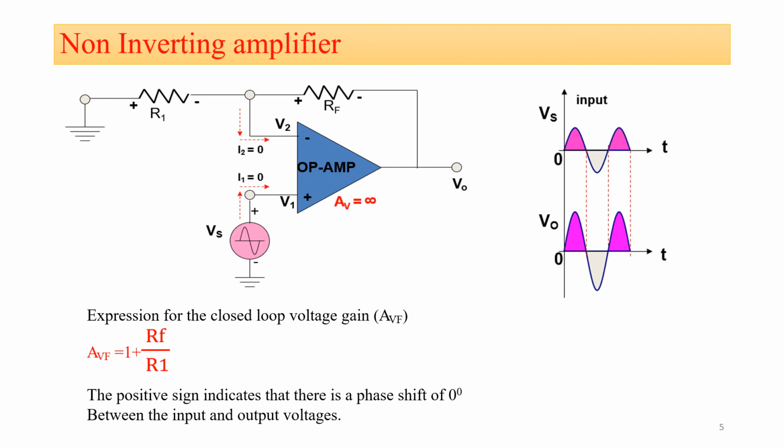While for the non-inverting amplifier, while deriving the equation of the closed loop voltage gain, that is AVF, you are going to apply the virtual short concept, because both the input terminals are at the same potential. Now this is how to use the non-inverting amplifier, or how to use this amplifier to amplify the signal.